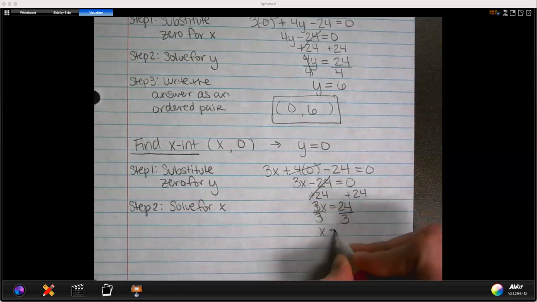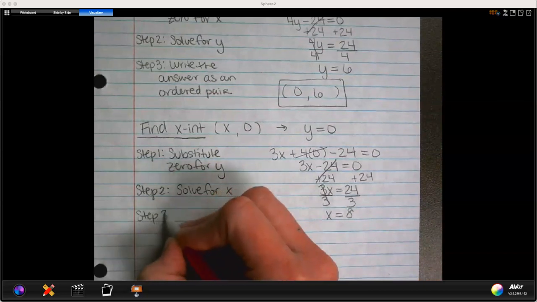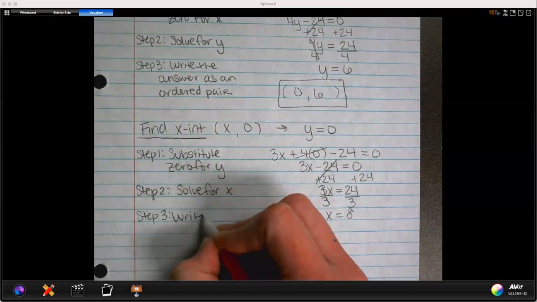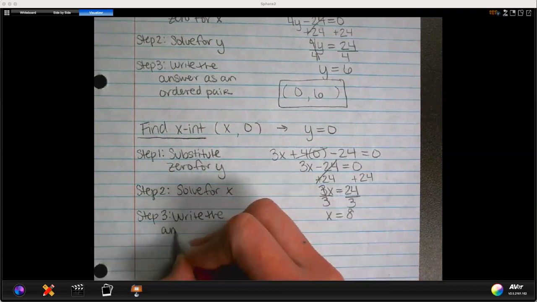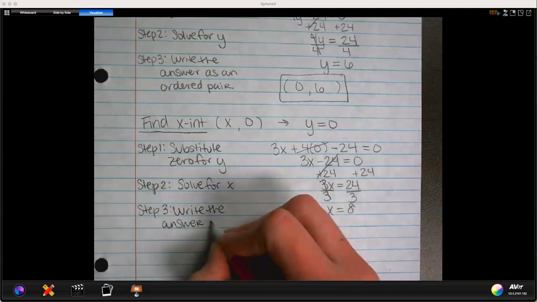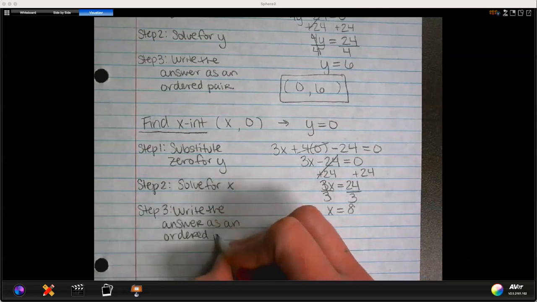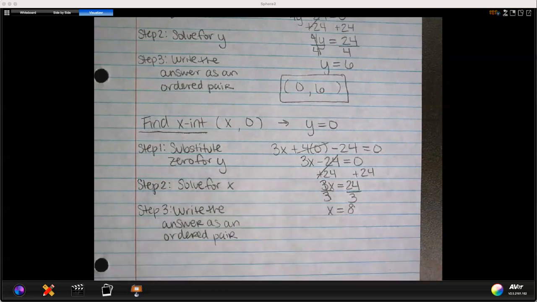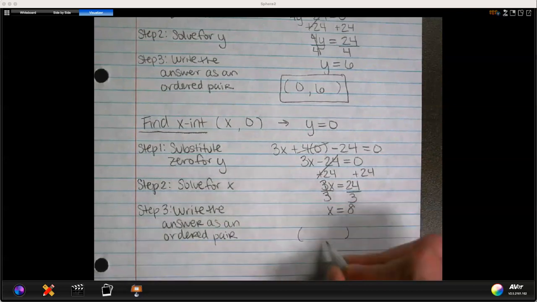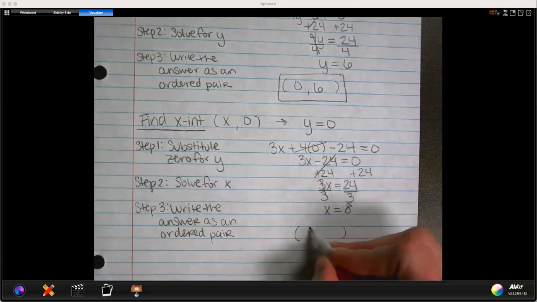So x equals 8. Okay. And last but not least, step 3 is to write the answer as an ordered pair. So my answer as an ordered pair would look like 8, 0.